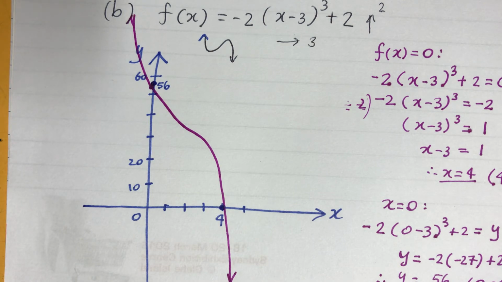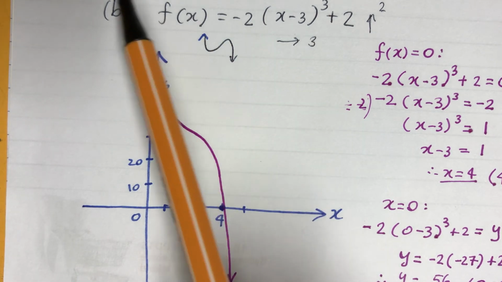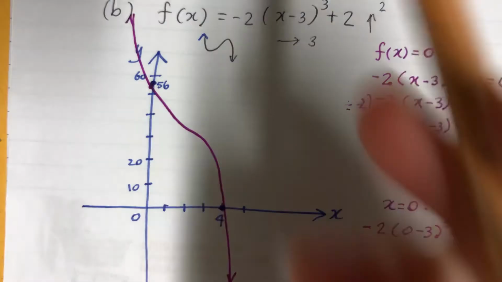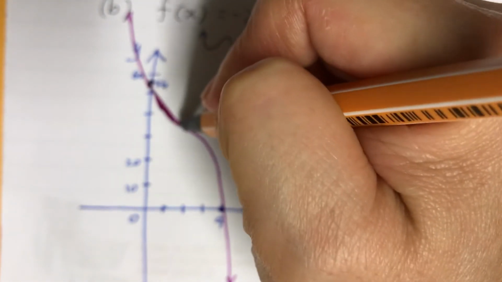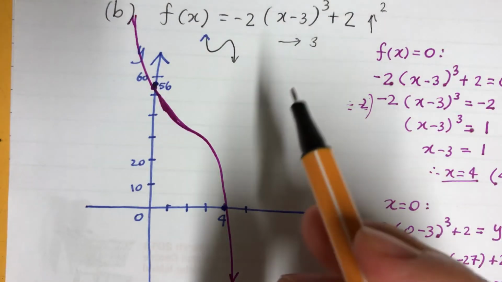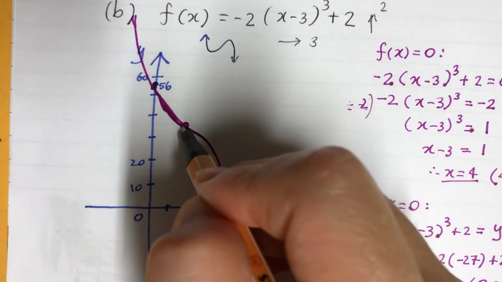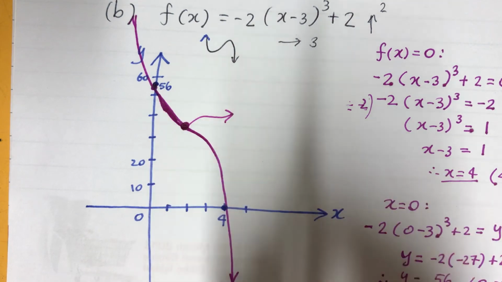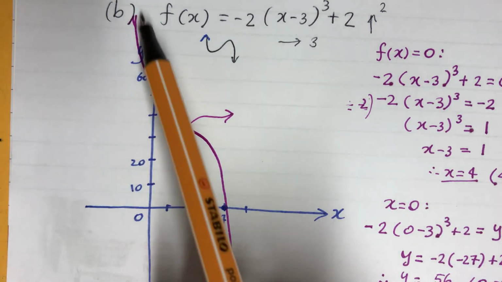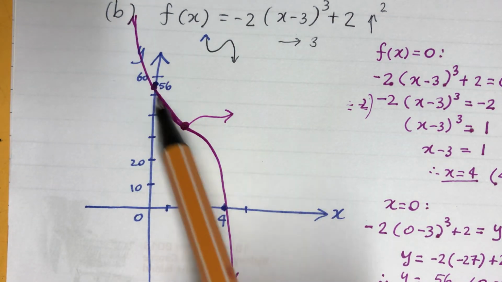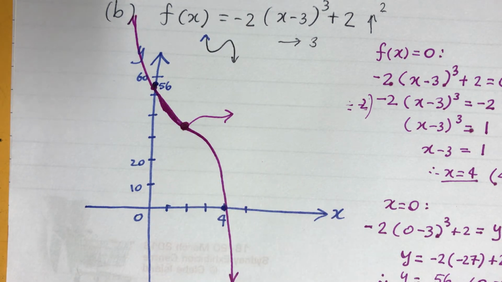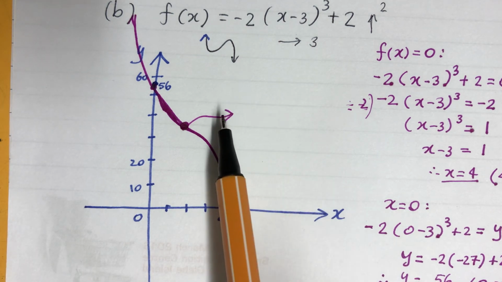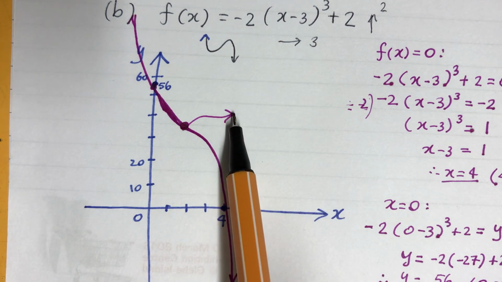So now this is coming down, and I could just make it a little bit more obvious. So that will be my point of inflection here, because that's where the concavity is changing. This is concave up, this is concave down, and that's where the middle point is, a point of inflection there. So we need to find that.